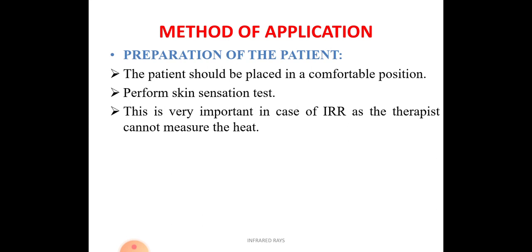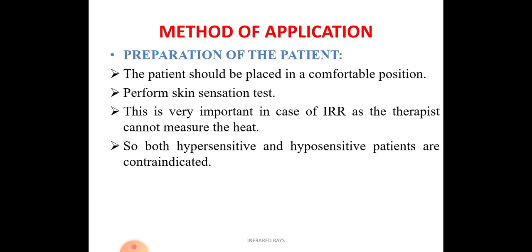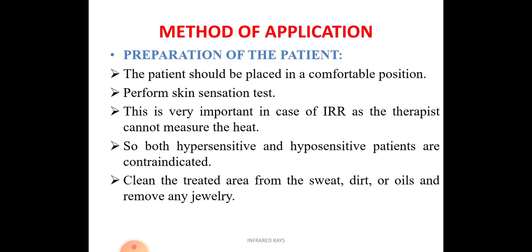Increase and decrease in heating is done by use of the inverse square law, by decreasing or increasing the distance. So it is very important that the patient should be cooperative to provide feedback. Otherwise, the therapist cannot measure this heat. In hypersensitive and hyposensitive patients, it is not advisable to use infrared radiation.